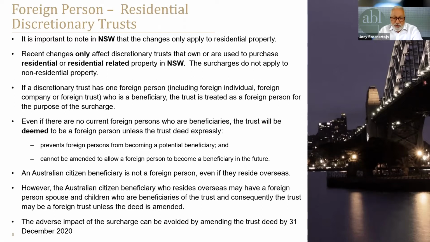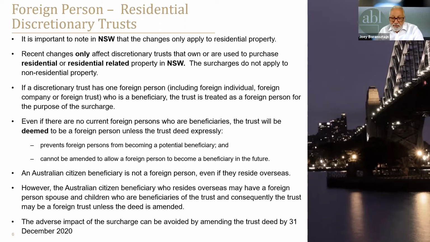Prior to these recent changes, it was sufficient to avoid the stamp duty surcharge if there were simply no foreign person beneficiaries in your trust, and the trustee provided that you would not give benefits to foreign beneficiaries. However, now it's irrelevant whether there is actually a foreign person beneficiary, or that you've ever made or you propose to make a distribution to a foreign person beneficiary.